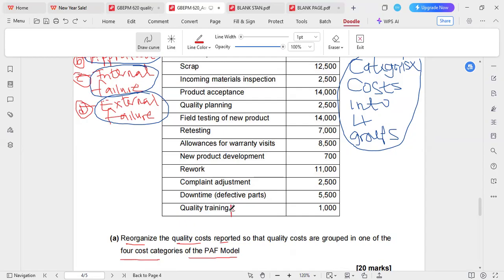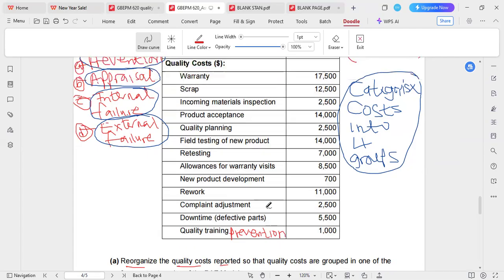So quality planning is a prevention cost, and of course quality training is prevention.